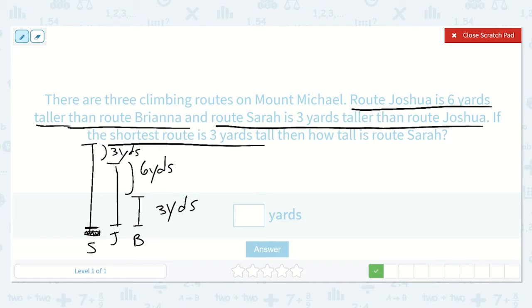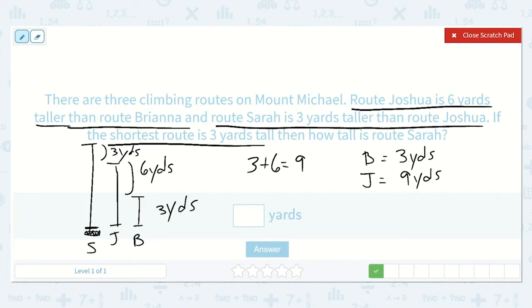So we know that first, Route Joshua is 6 yards taller than Route Brianna. So we're going to do 3 plus 6. 3 plus 6 is equal to a number. Well, I know that 4 plus 6 is one of our 10s, so 3 plus 6 must be 9. So Brianna's route is 3 yards, and we just found that Joshua's route is 9 yards.